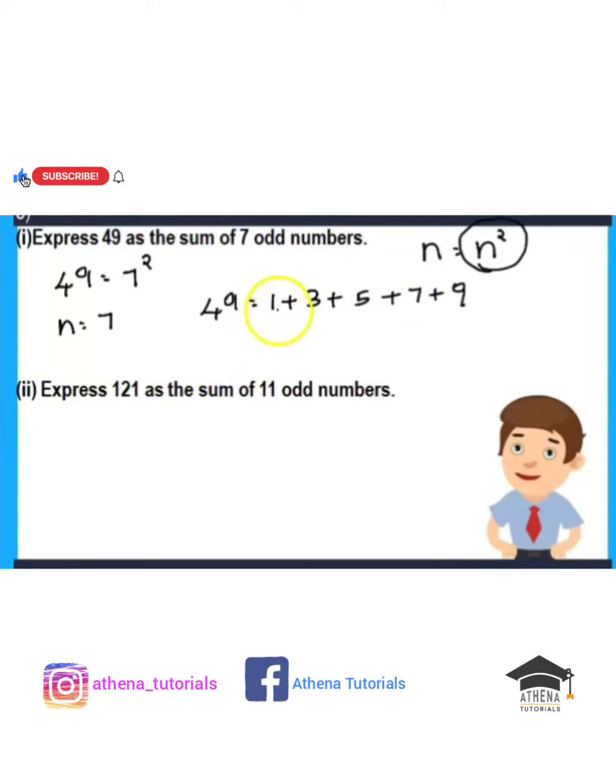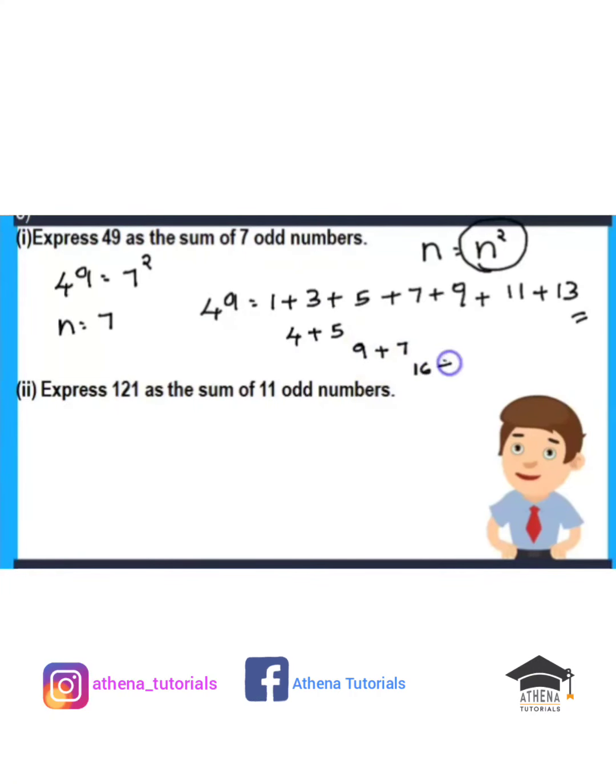How many digits are done? 1, 2, 3, 4, 5. Another 2 is required. After 9 it will be 11 plus 13. Just verify this. What is 1 plus 3? It is 4. So 4 plus 5, it will be 9. 9 plus 7, it will be 16.